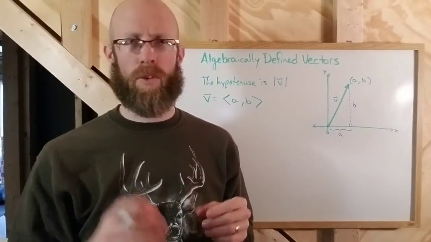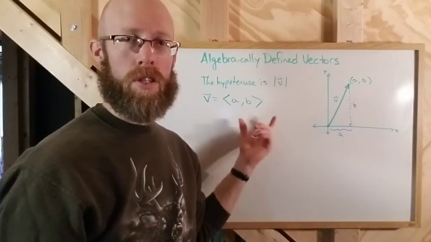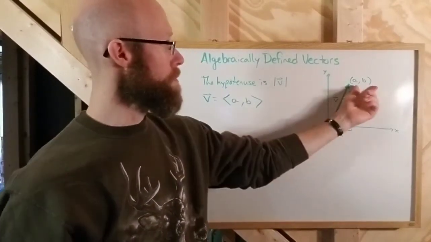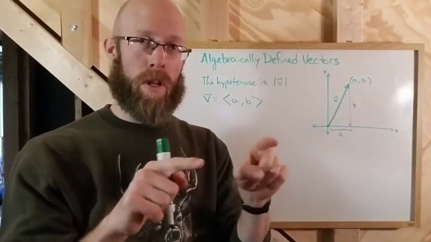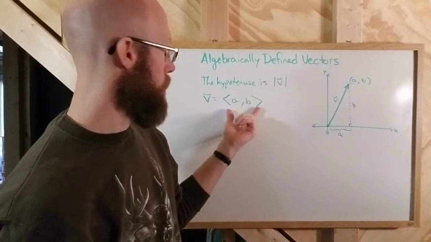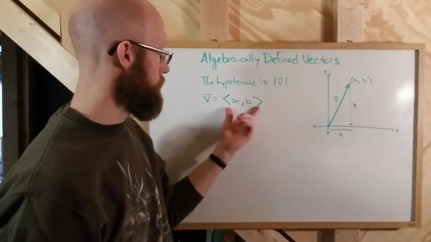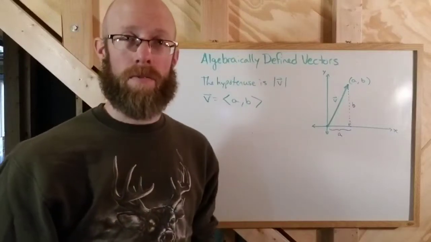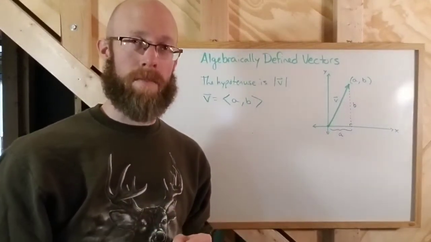It looks like greater than and less than symbols. We use this notation to differentiate it from the point (a, b), which has parentheses around it. We use these pointy brackets to represent a vector. And this is the algebraically defined vector. This is how we would represent it.